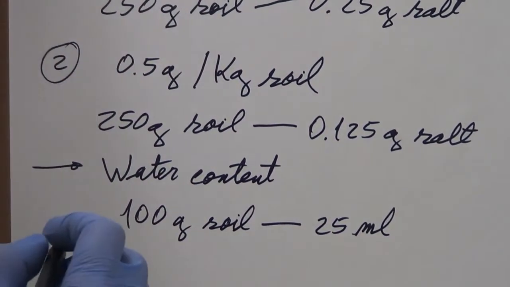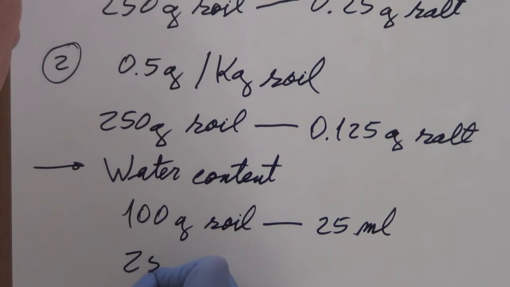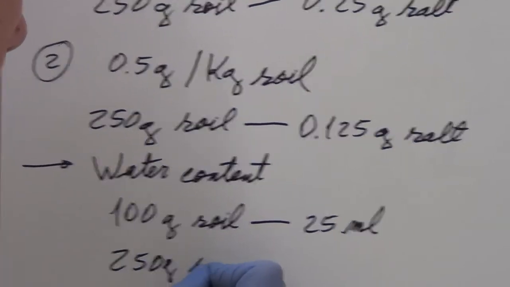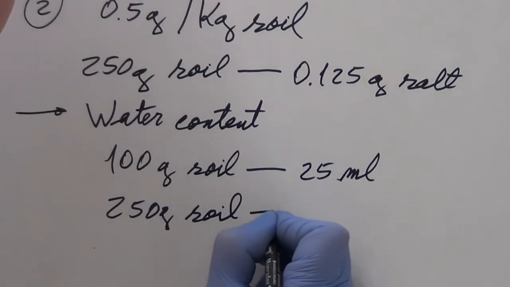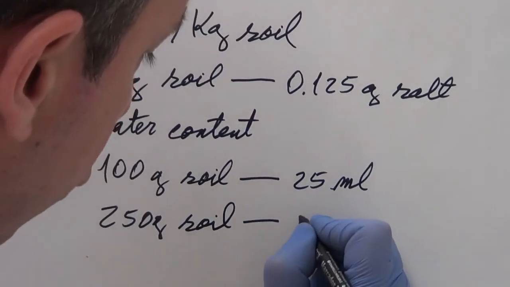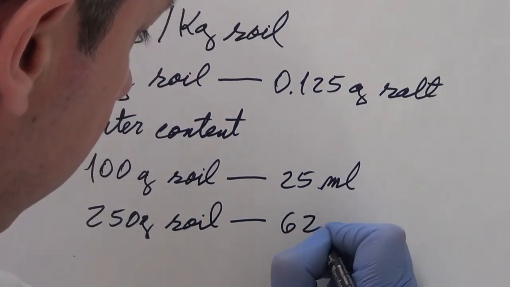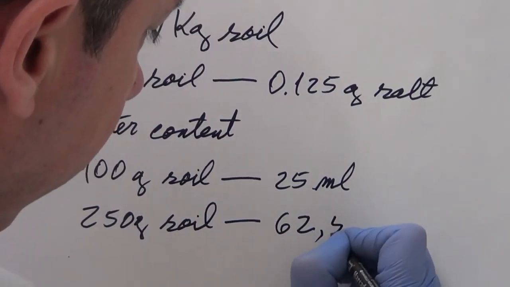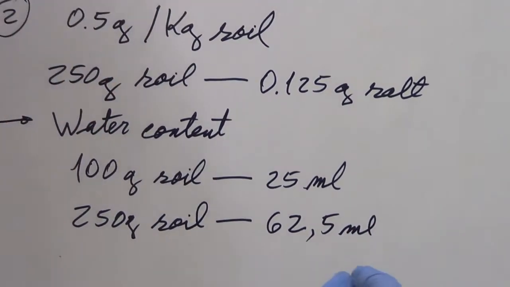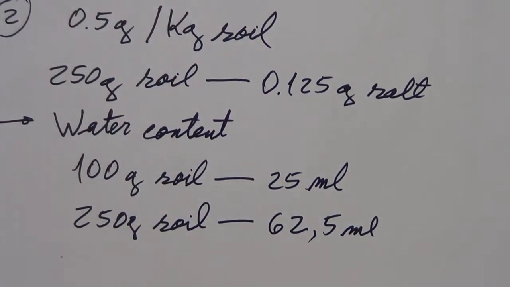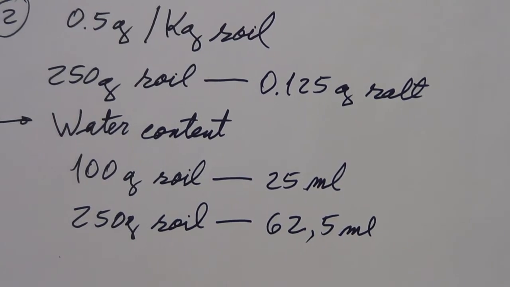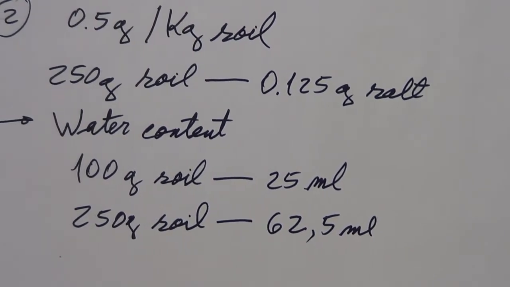If we want 250 grams of soil, that is the amount of soil in each section of our replicates, we need 62.5 milliliters of water or salt solution. That is what we have to see now.